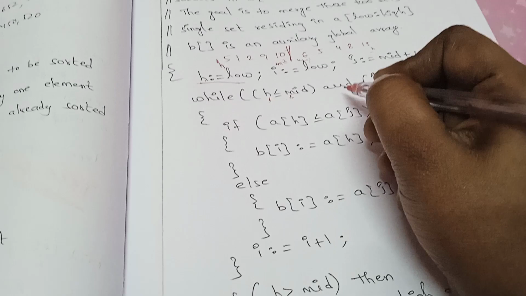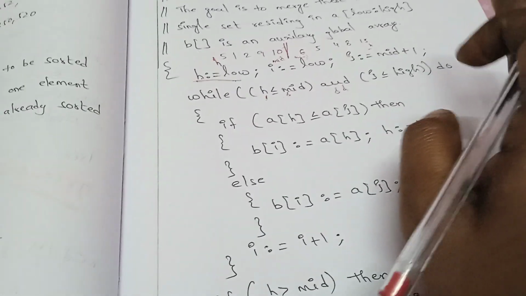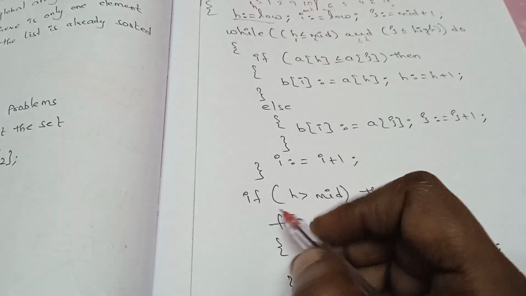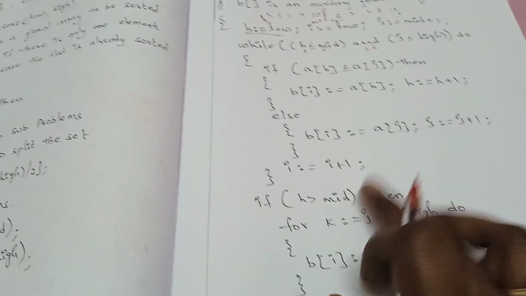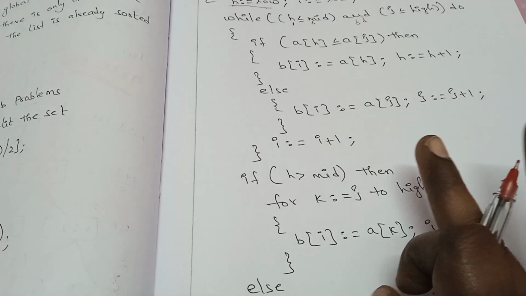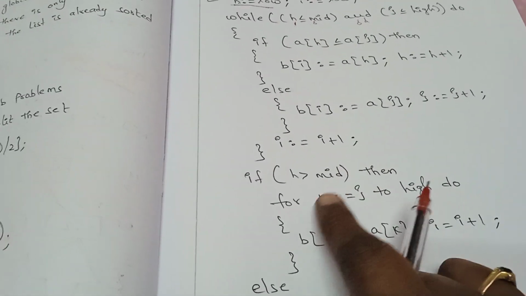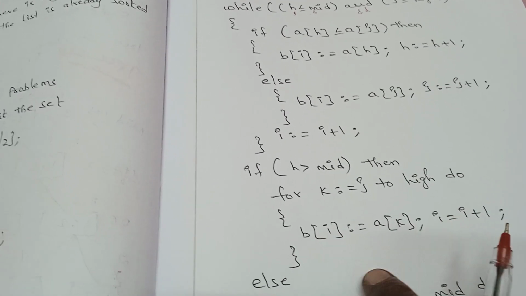We know it, right? What is the logical AND? Both statements have to be true. If any statement fails, we will not execute this body, and we'll come out of the body. Out of the body is this if condition. Again we'll check if h is greater than mid, and we'll simply store the j value. Whatsoever element is left will be placed into the resultant array, b of i.